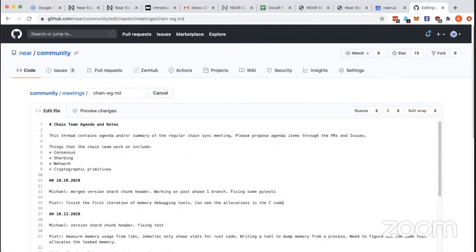So right now I have a tool that allows me to see where each memory chunk was allocated, and I started the node and I see the first memory stats.